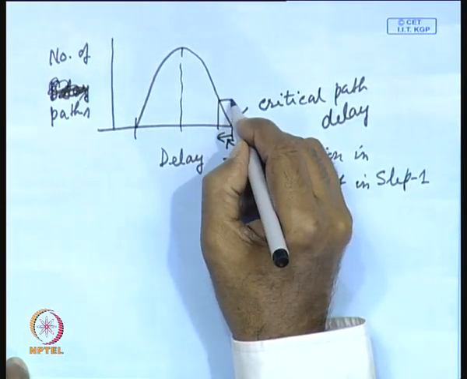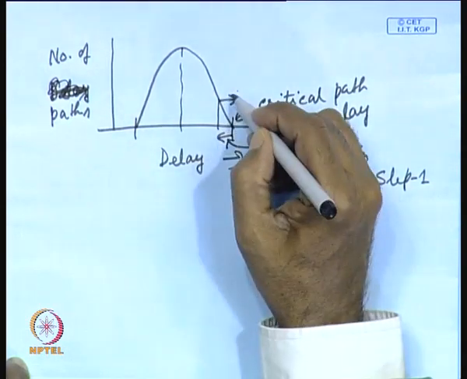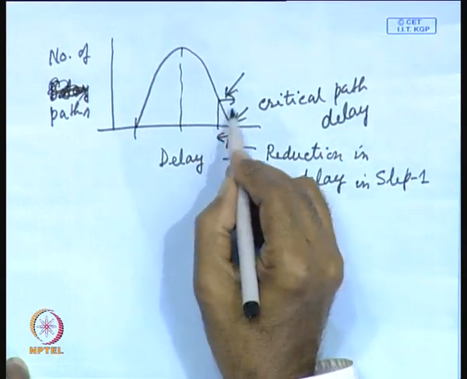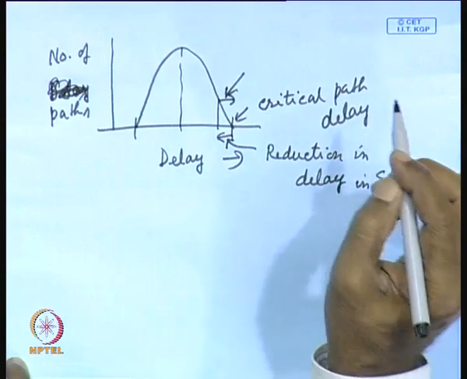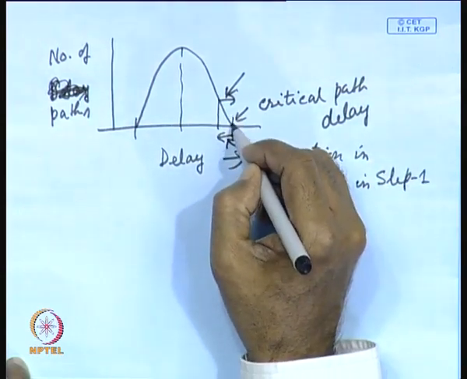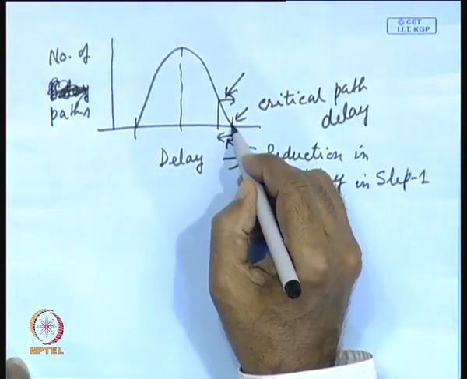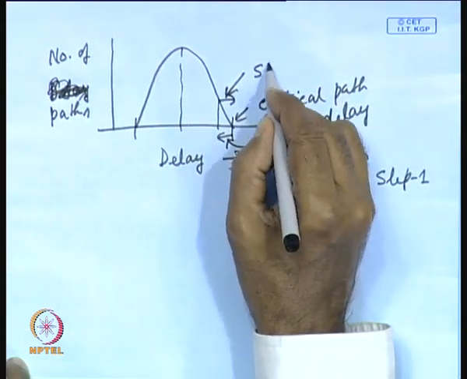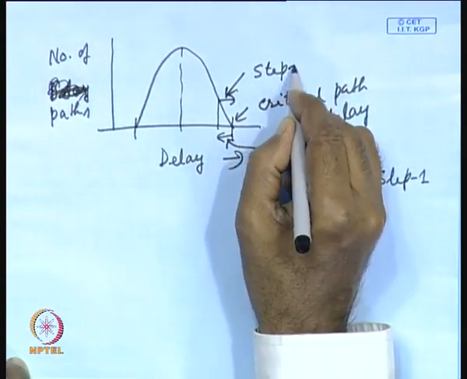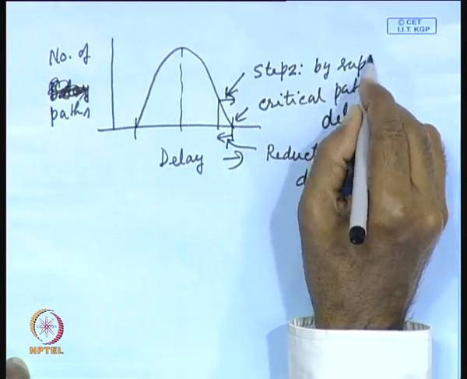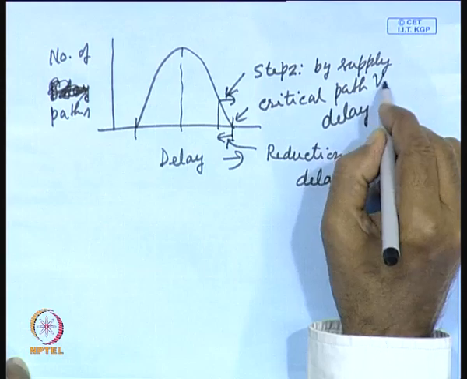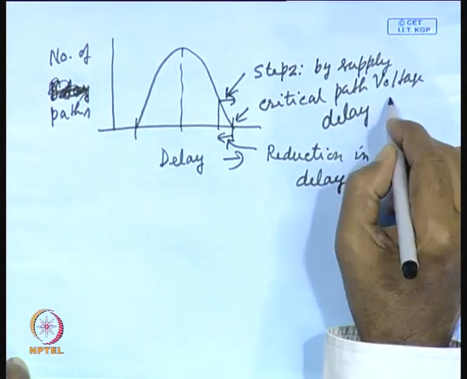Then whatever slack we achieved, we are reducing the supply voltage, and as a consequence delay is increasing again, and it becomes same as the original. So, this is step 2, by supply voltage scaling.